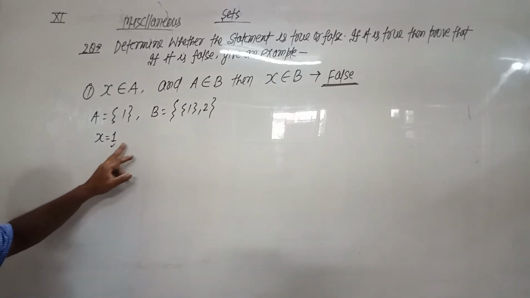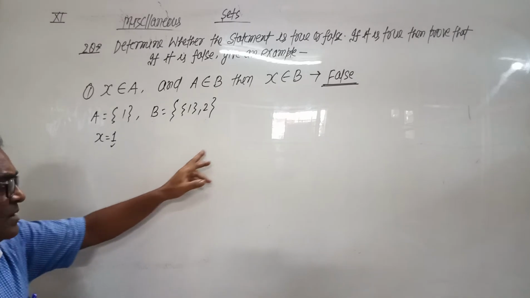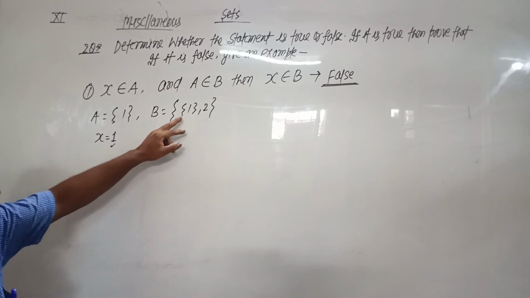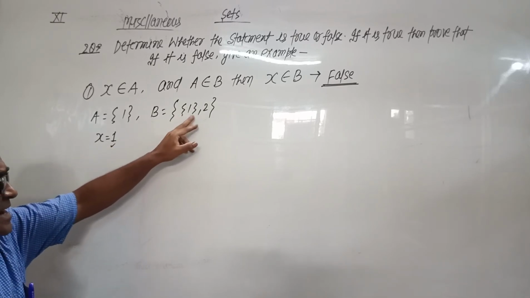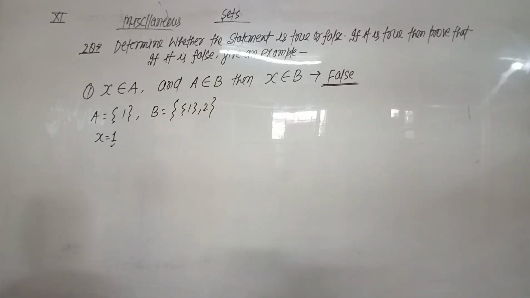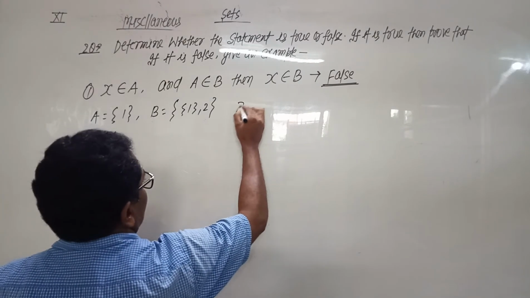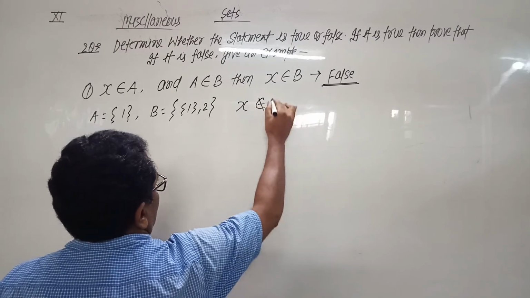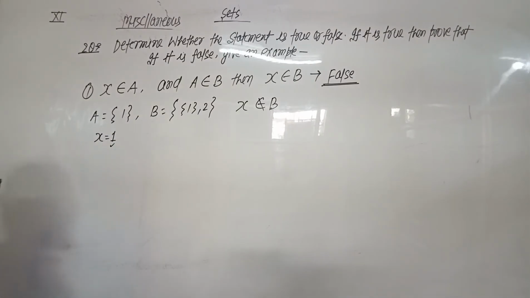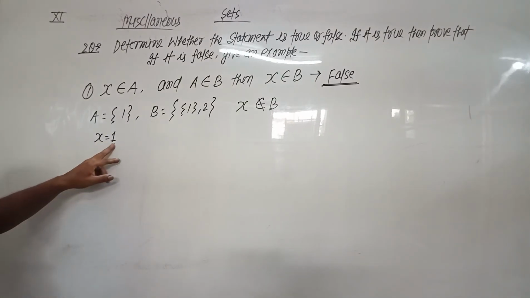So x doesn't belong to B, because x is an element and here 1 is written in the form of a set.